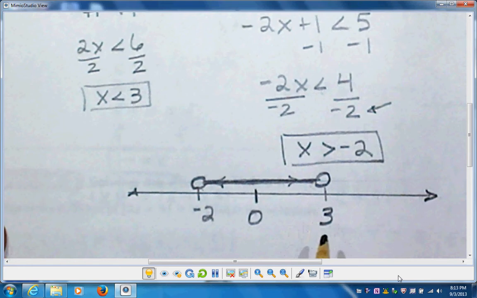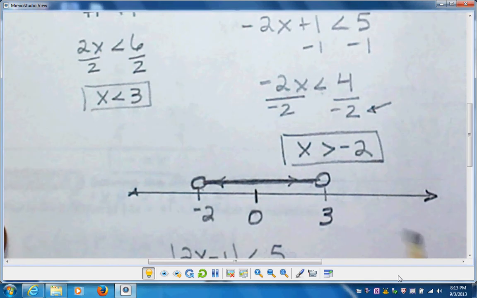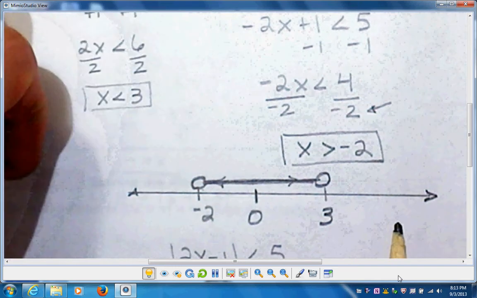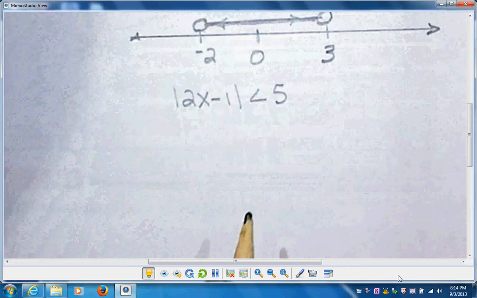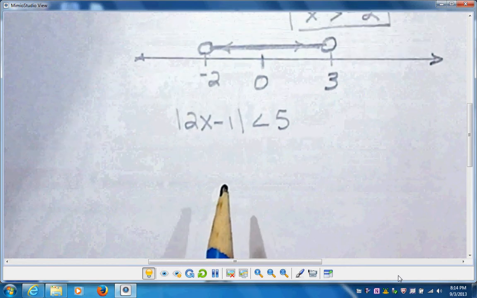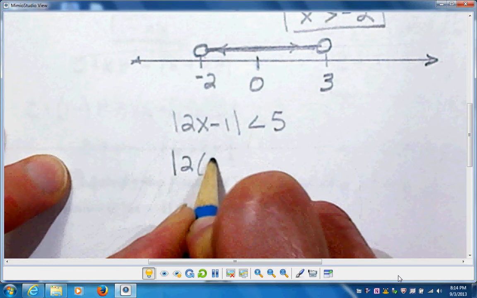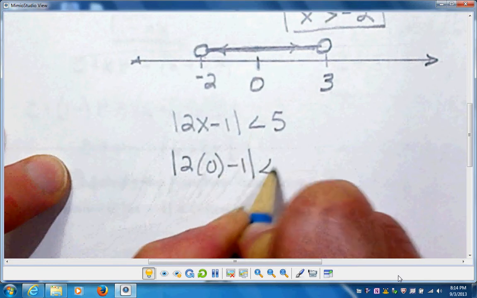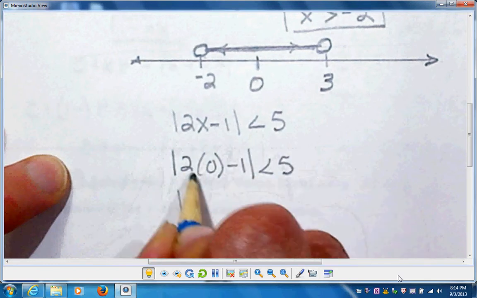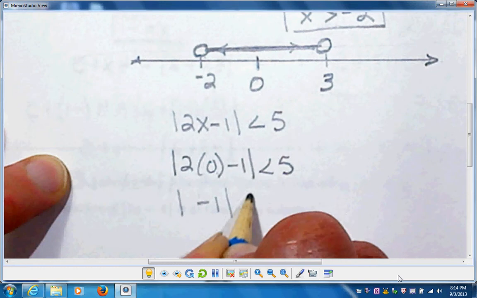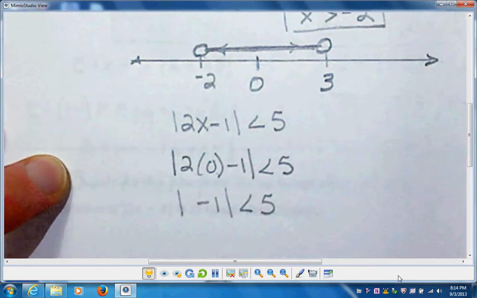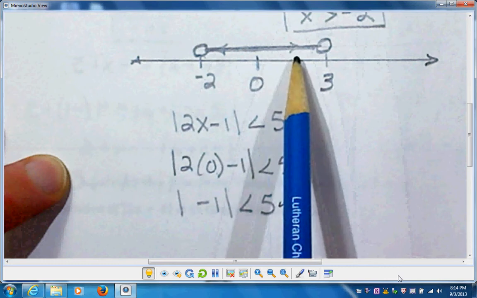We put that into our original inequality. The absolute value of 2 times 0 minus 1 should be less than 5. That's 0 minus 1, the absolute value of negative 1, is less than 5. Well, that's true. So good, that must be our answer.